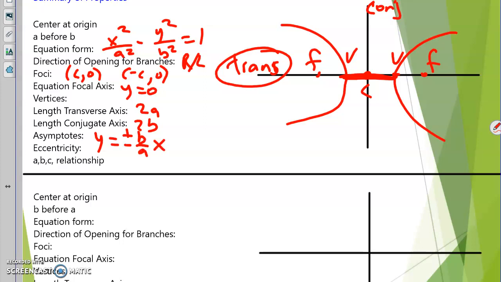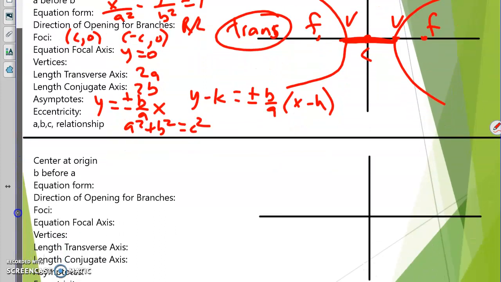And we can change that if we're not at the origin by just saying y minus k equals plus or minus b over a times x minus h. So we just move it off that origin by plugging it into that. Our relationship between a, b, and c here is a squared plus b squared equals c squared.